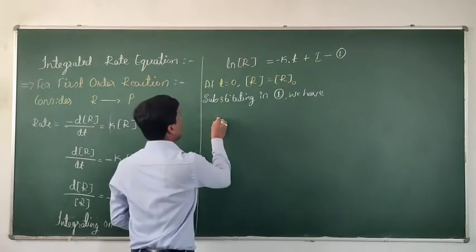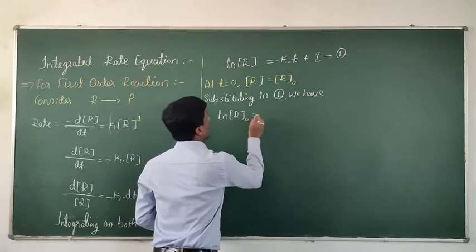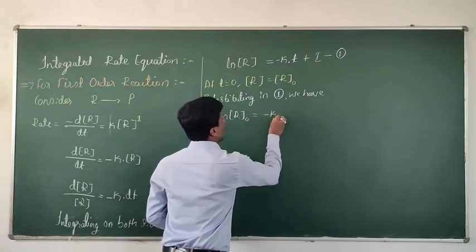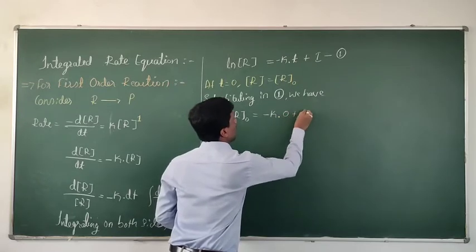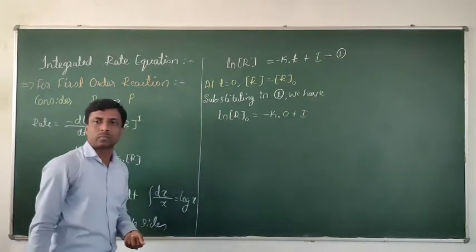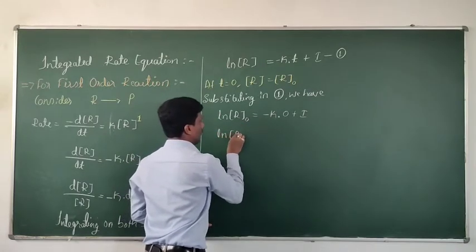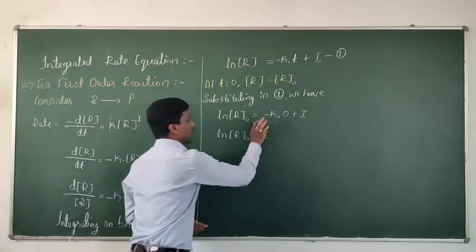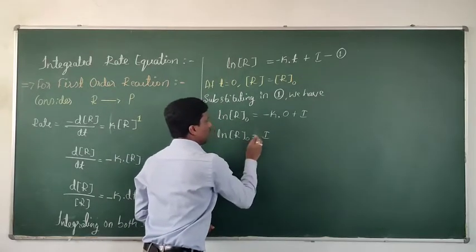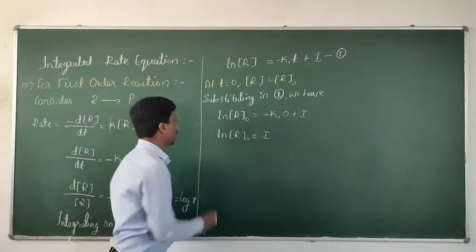Substituting, we get ln R naught is equal to minus k into 0 plus I. This whole term becomes 0. So ln R naught is equal to I. We have got the I value.